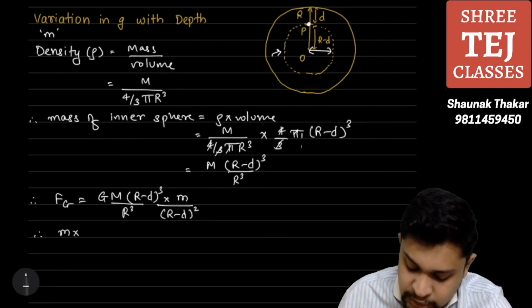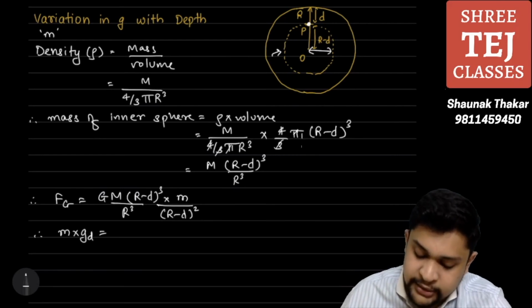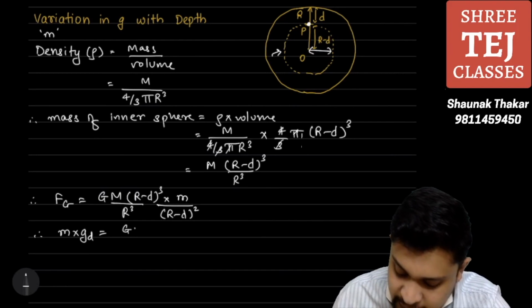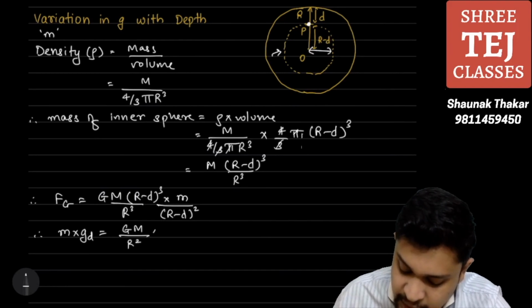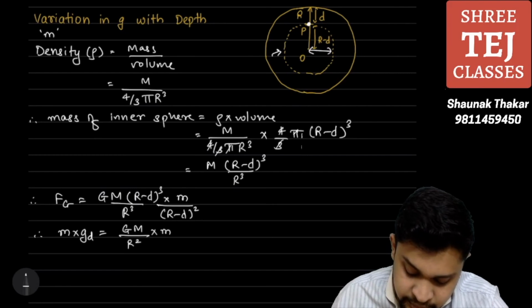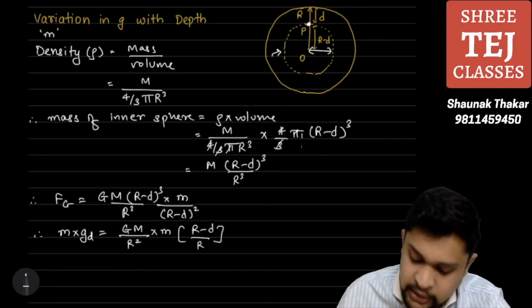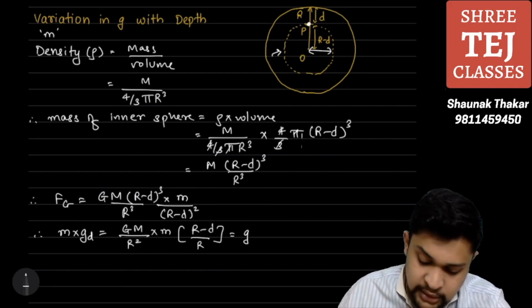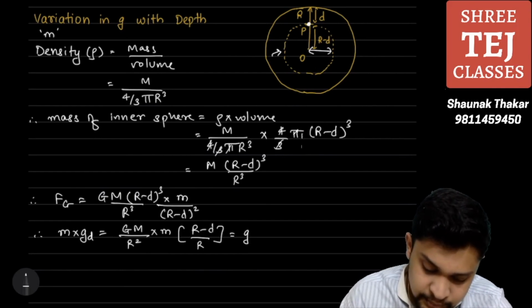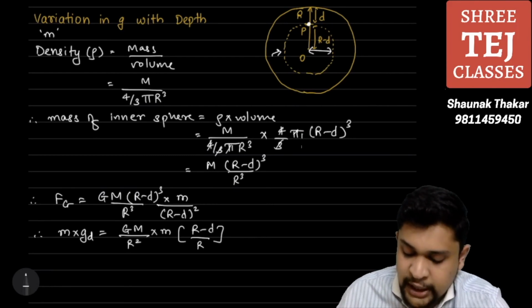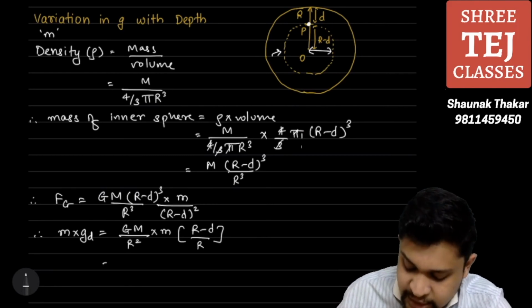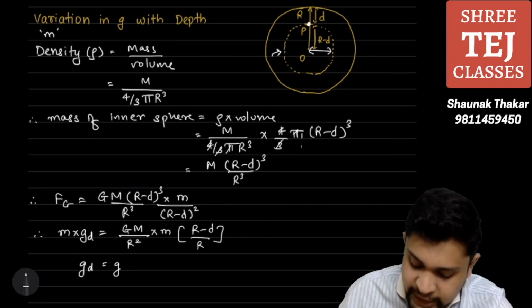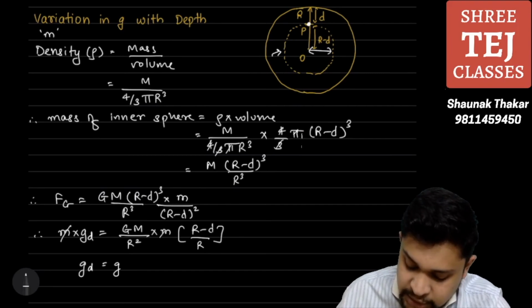Therefore, m into g at depth, this would become GM upon r square into m into (r minus d) upon r. So this GM upon r square is small g gravitational acceleration, and would get cancelled. So this would become g into (1 minus d upon r).